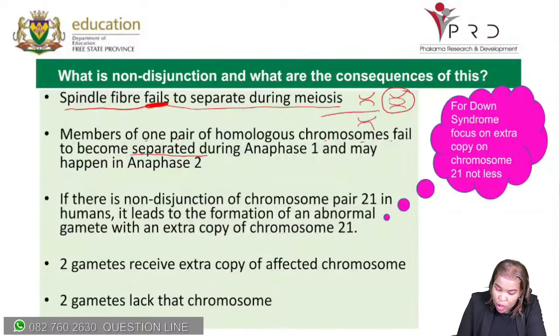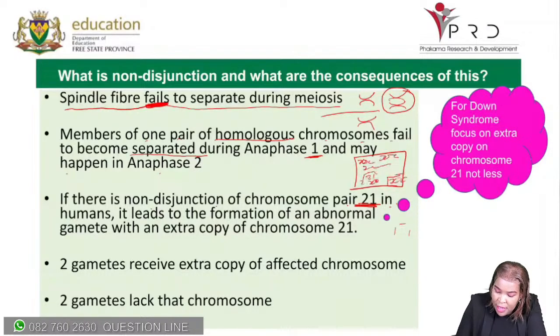So what is happening? This was during anaphase 1, when we are talking about homologous chromosomes. Again, if there is non-disjunction of chromosome pair 21, now remember we know a karyotype, we have 23 sets of chromosomes. You have 23 here, which is very special, and then you have 21 here.